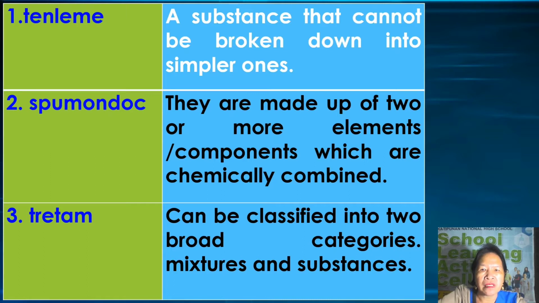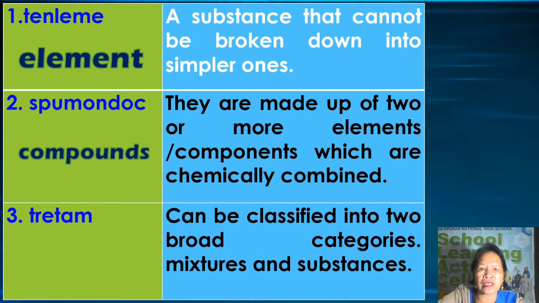Number 1. A substance that cannot be broken down into simpler ones. If your answer is element, then you are correct. Number 2. They are made up of 2 or more elements, components which are chemically combined. The answer is compound.